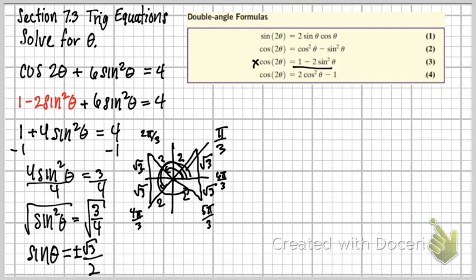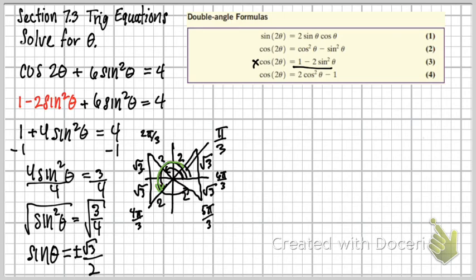Now it says solve for theta, so I'm going to have to give all of the angles here. But one thing that's nice is that I'm going to capitalize on the symmetry here. What I mean by that is, take a look at this. From here to here is pi. Would you guys agree with that? Yes, good.